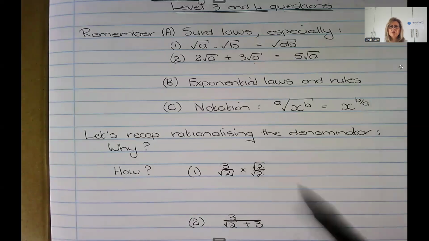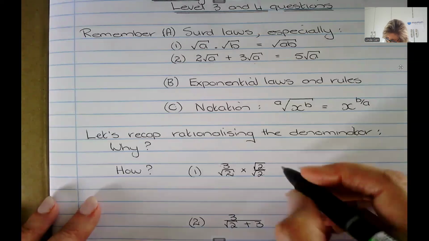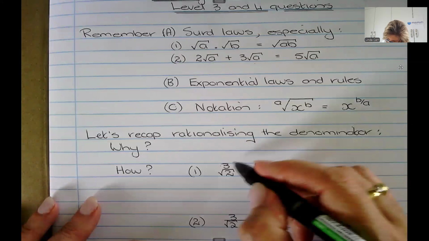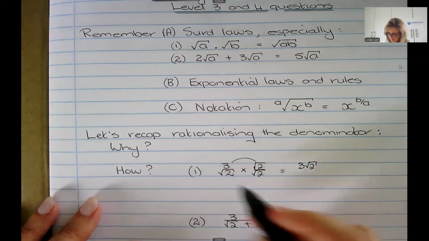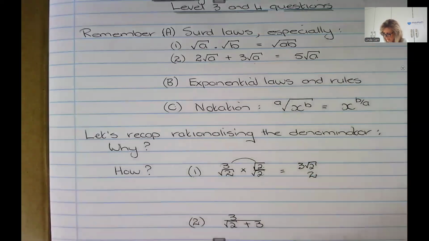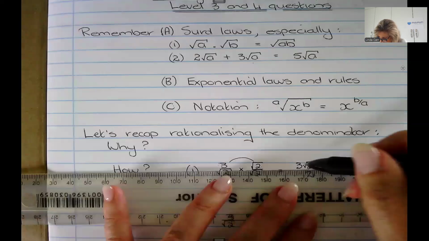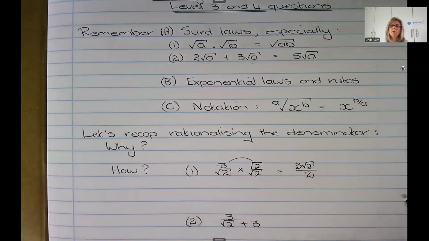So I'm not changing the 3 over root 2, but now there's no rule that says I have to go and cancel the root 2 over root 2. So what I'm going to do instead is I'm going to multiply numerators together, and I'm going to multiply denominators together. And what I've done is I have turned it into a fraction with a rational denominator.